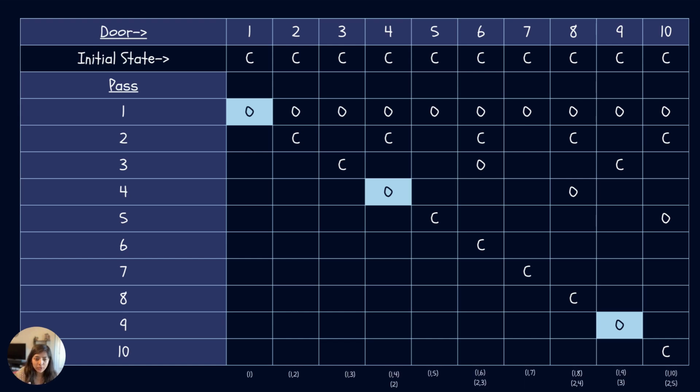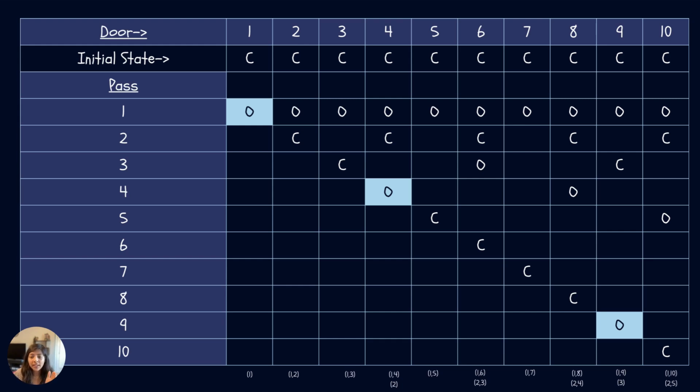Now let's focus on the bottom row. These are the divisors of the door number. That is, the door is divisible by these divisors or these numbers. For example, door number 5 has 2 divisors, 1 and 5. Door number 6 has 4 divisors, 1, 6 and 2, 3. So 2 pairs.